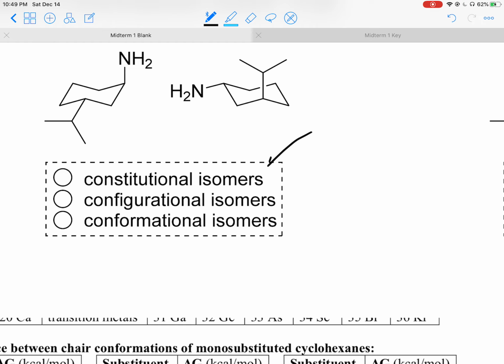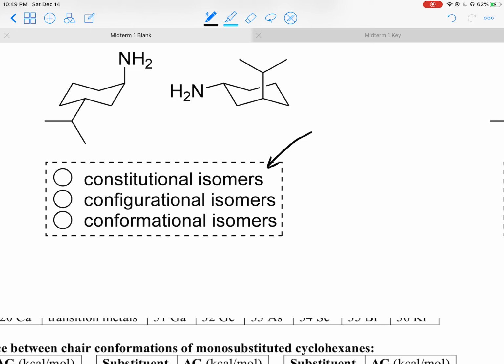For the first one, that's constitutional isomers. I think of this as different in their constitution. Like everything's different, you know? I mean, obviously not everything because they're isomers. Isomers means that there's the same number of each atom. I'm pretty sure that's all an isomer is, the same number of each atom.